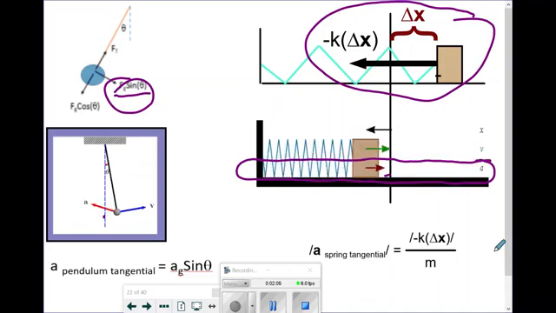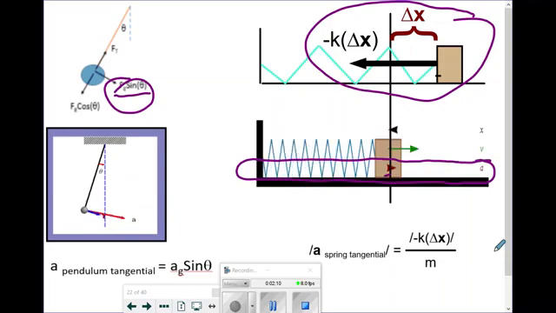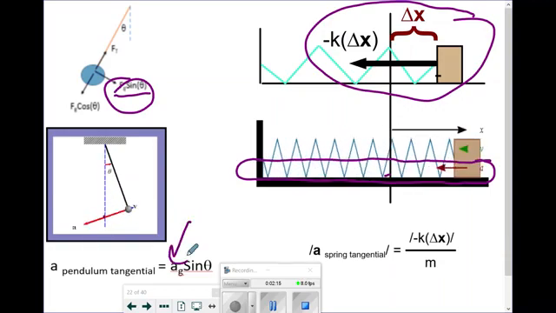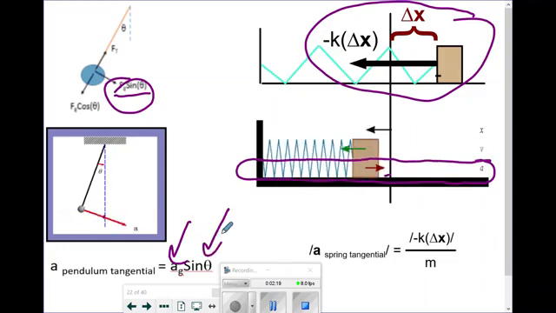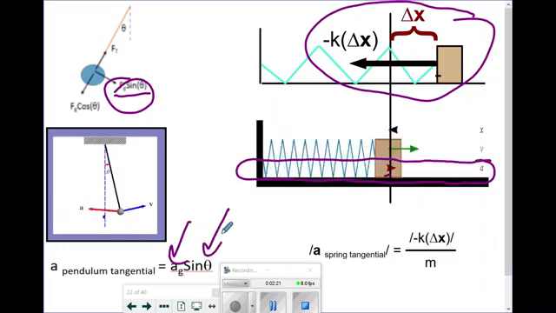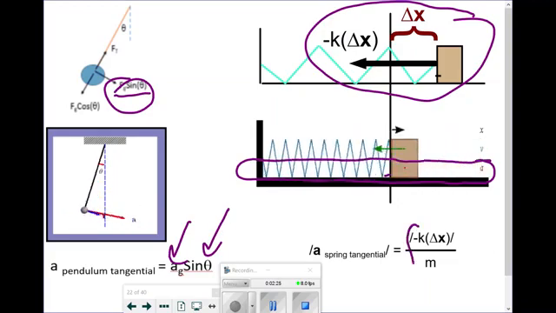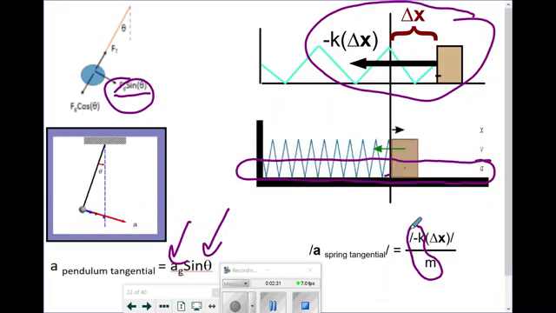The acceleration equation is, again, very similar in the fact that we have a constant times something that depends on your displacement, be it an angle or a position. For the spring, your spring constant and mass are both constants. So that's like a constant times your displacement.